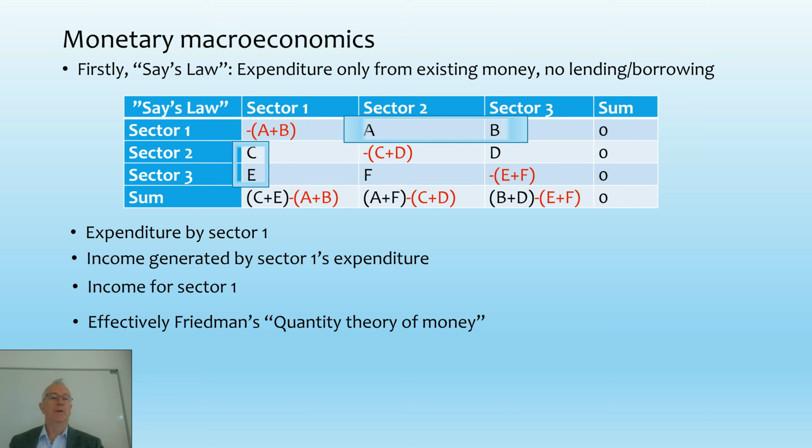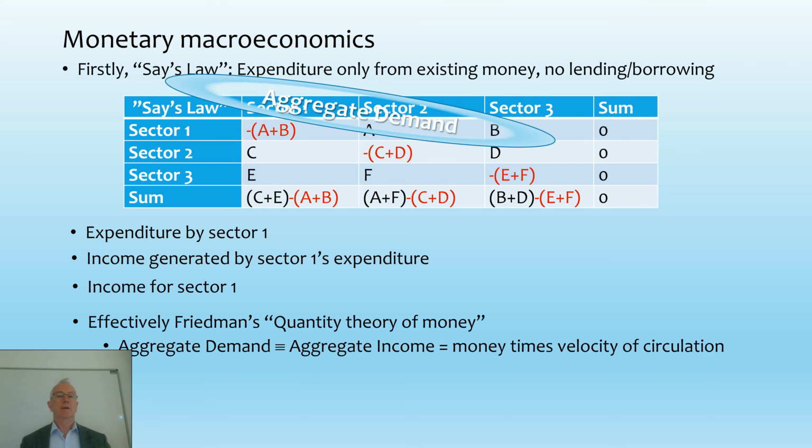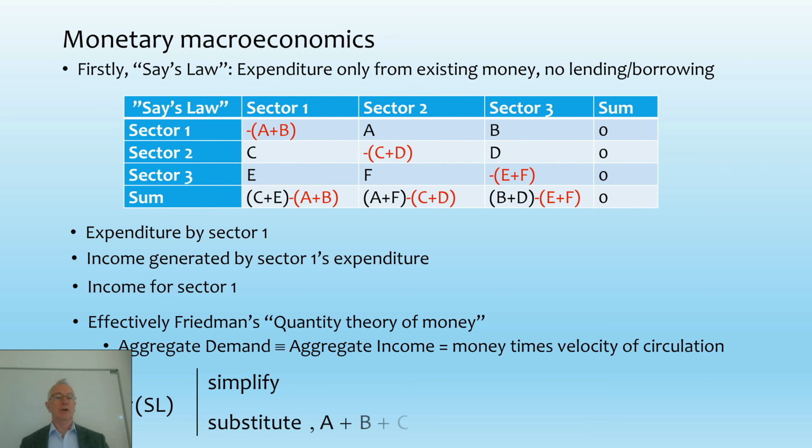But overall, what you get out of this is effectively Friedman's money times velocity, because A and B, C and D, E and F are all the rates of flow of money, existing money. So you can simplify that as the velocity of money times the amount of money in existence. So if I do that simplification and add up the diagonals or the off diagonals, I get money times velocity.